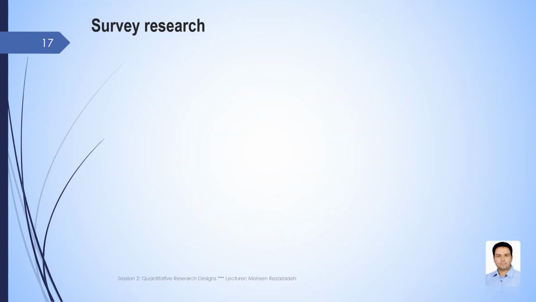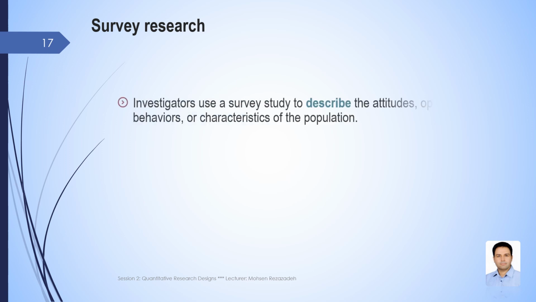Survey research is another type of non-experimental design, which is just like descriptive research design. Investigators use a survey study to describe the attitudes, opinions, behaviors, or characteristics of the population. Survey studies assess the characteristics of a sample or whole population of people or situations.